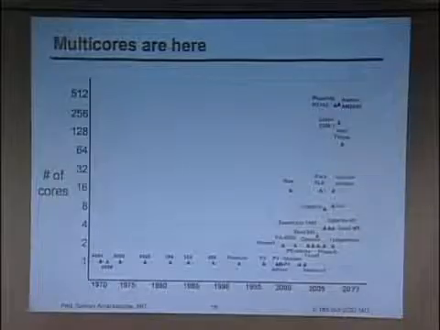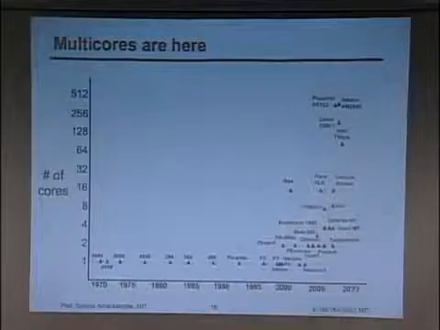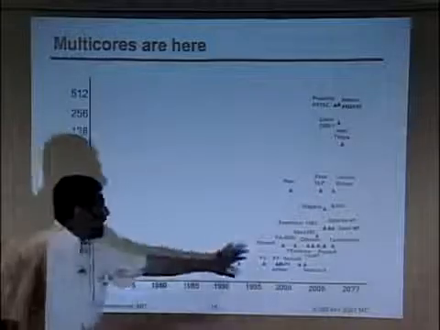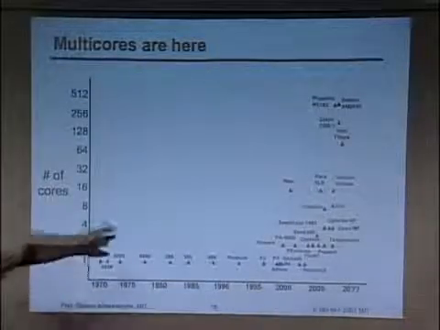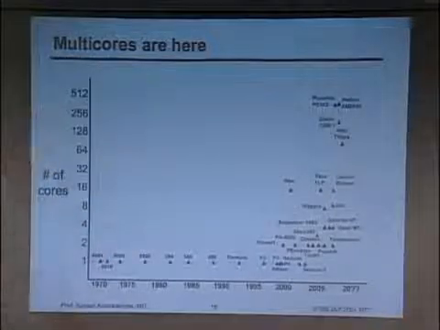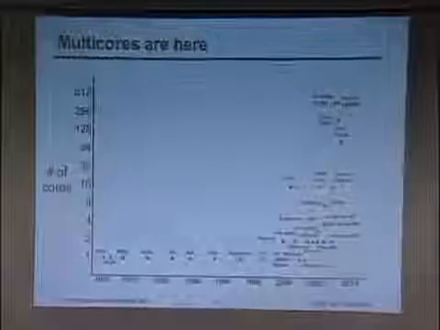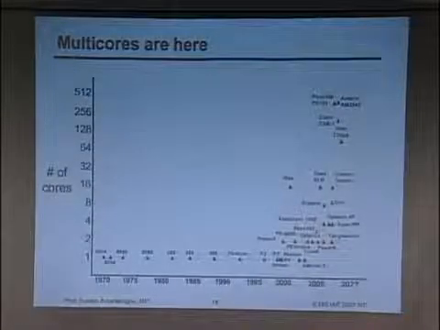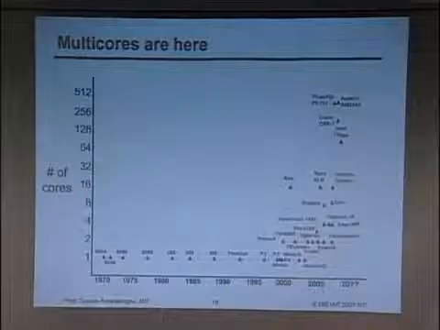Looking at these machines, I only put the Pentium line of uniprocessors, and then in recent times there have been 4 cores, 8 cores, and even machines with more than 256 small cores. That's a new trend, and the trend line is interesting.